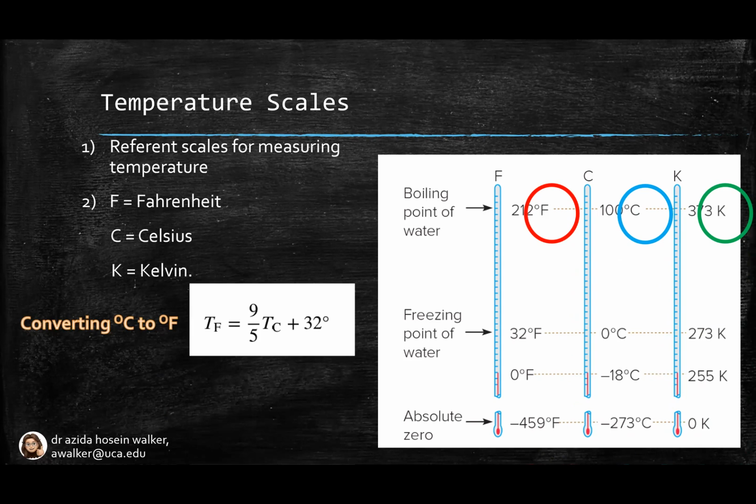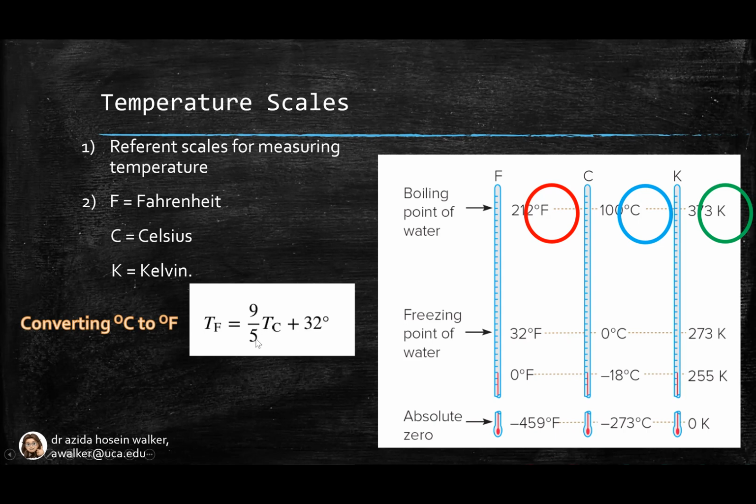Now, when we want to convert from one temperature to another, it's really easy. You can take your smartphone, you can type your temperature that you have and the temperature that you want to get the value in. What happens when you type it to your smartphone is this, that the calculation is being done. So TF here stands for the temperature in Fahrenheit, and TC stands for the temperature in degrees Celsius.